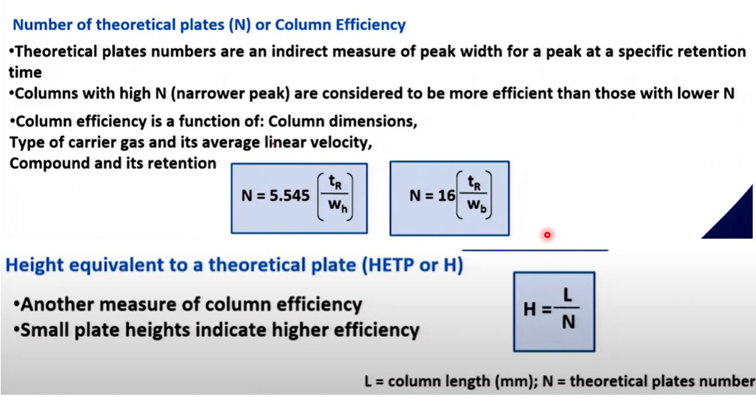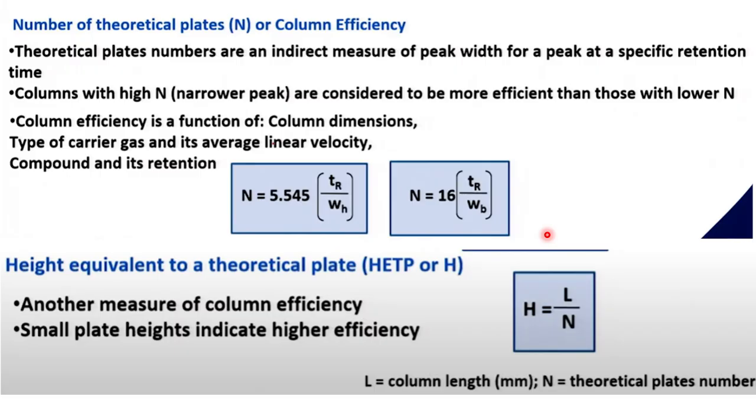Column efficiency is a function of the column dimension, the type of carrier gas and its average linear velocity, and the compound and its retention. Height equivalent to a theoretical plate, L by N, is another measure of column efficiency. A small plate height indicates higher efficiency.